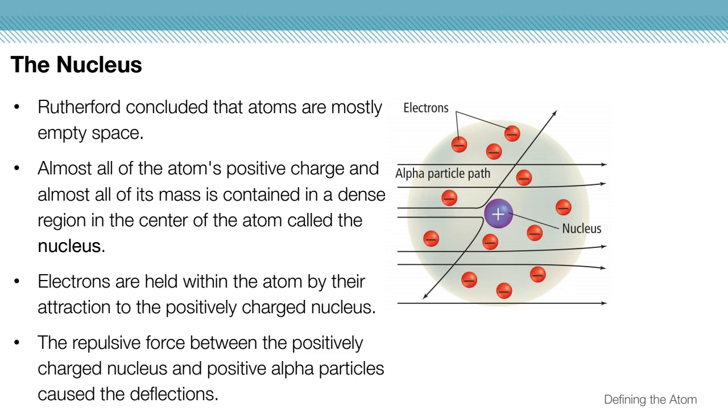So Rutherford concluded that atoms are made of mostly empty space, but that there is positive charge somewhere in the center. He called that dense area the nucleus. He knew little about it at this point, aside from the fact that it was positively charged. So this was the next model of the atom that we had. This positive charge in the center, all these electrons floating around it in what we would call empty space.